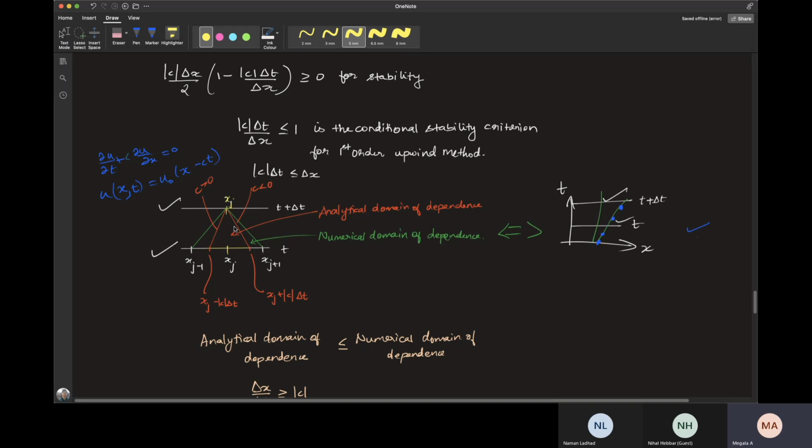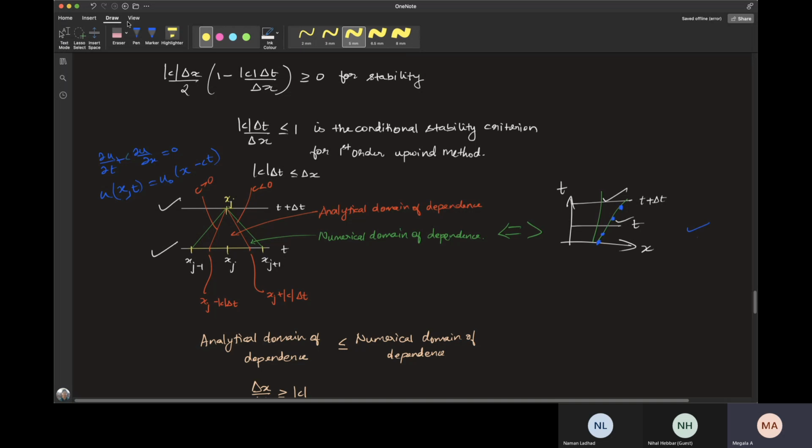We are calling this the analytical domain of dependence because physically only this region will be influencing. But in our numerical scheme, what we are doing is to find this xj, we are using these points as well. So basically, this is our numerical domain of dependence. So this is delta x, right?